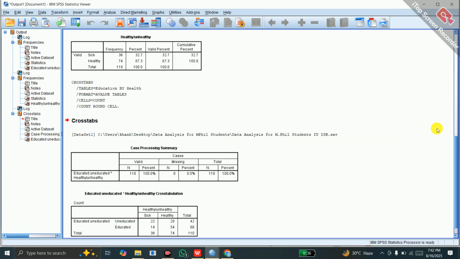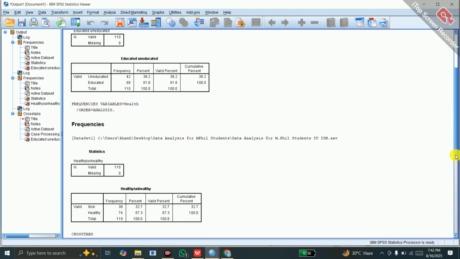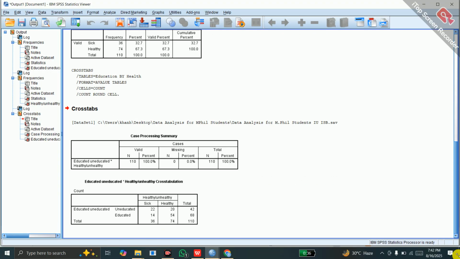So here is my cross tab of health and education, and we can give it a title like classification or distribution of students by health and education. This is a two-way table, or you can say a contingency table or a cross tab.